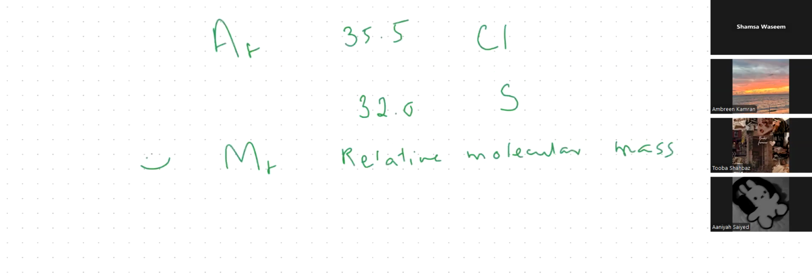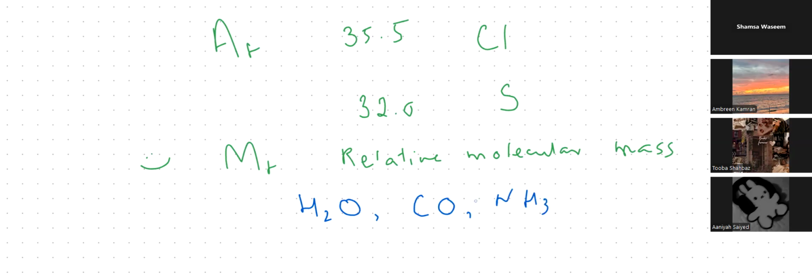But if we're going to talk about compounds, right? Water is a compound, carbon dioxide is a compound, glucose is a compound, ammonia is a compound. So when you're going to calculate the masses of the compounds, we're going to say that relative molecular mass. Okay? And how are you going to define it?